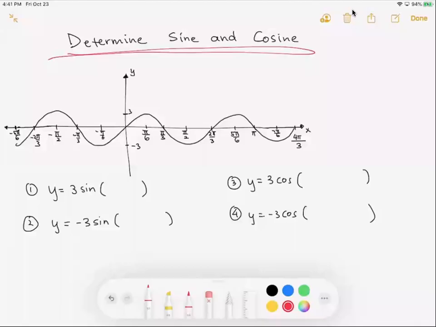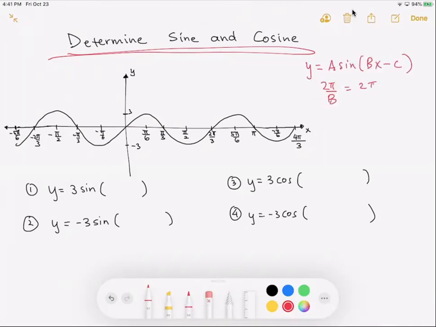In this video, we're going to come up with a sine and cosine equation from this given graph. So if y is equal to a sine bx minus c form, then we know that our a is 3. And in order to find b, we can use the period, 2 pi over b.